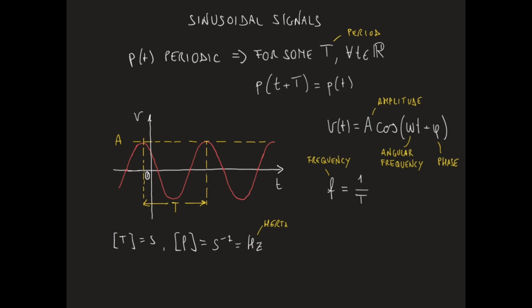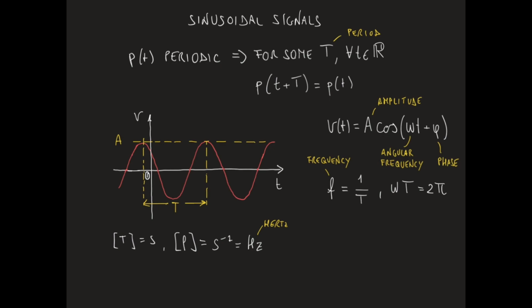This means that the argument of the cosine function, apart from the phase phi, has gone from 0 to pi divided by 2 to pi to 3/2 pi to 2 pi. This in turn means that omega times the period is equal to 2 pi.